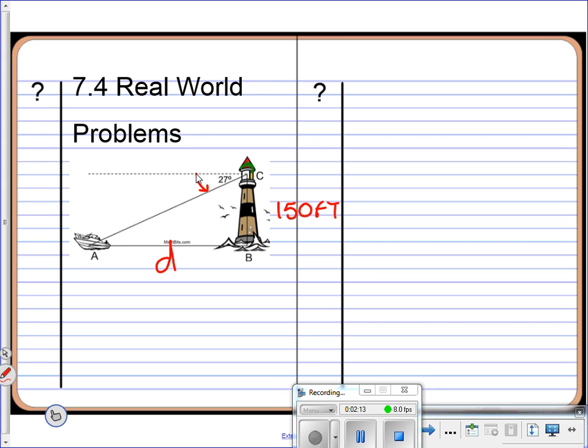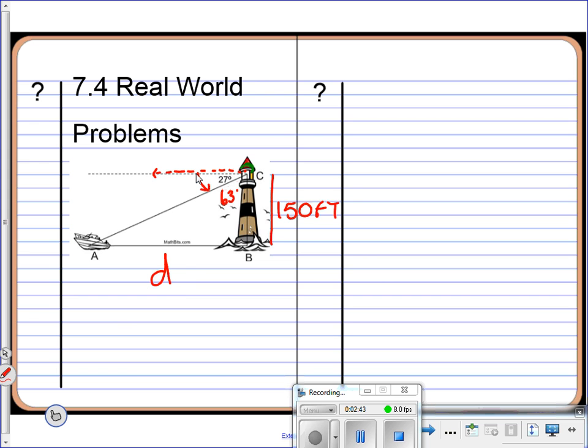You would want to draw this dotted line, just like it is in the picture if it's not drawn already, and you'd put that 27 outside the triangle at the top there. And then we would want to find this angle that's on the inside of the triangle. Now once we have that, we have enough information to find how far the boat is away from the lighthouse. The lighthouse, by the way, is 150 feet tall.